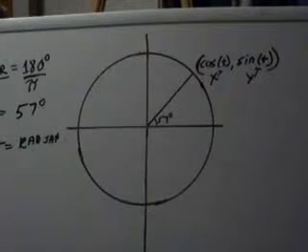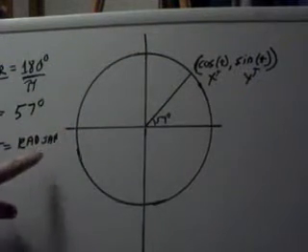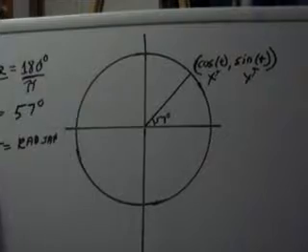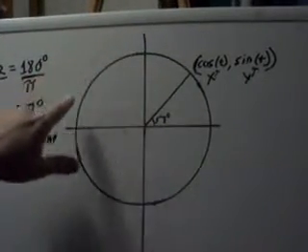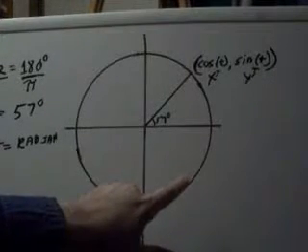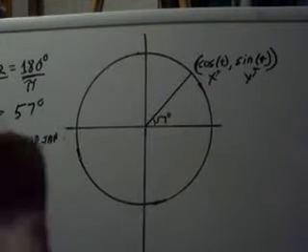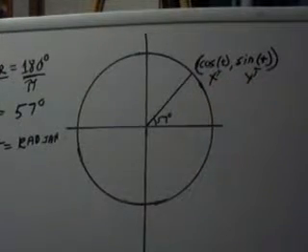Okay? Now remember, as you travel along this circle, the radian value, this t here, the radian value, will increase. So you'll have 1 radian, 2 radians, 3 radians, 4 radians, 5 radians, and 6 radians. But even though the radian value increases, the x and y values will vary.